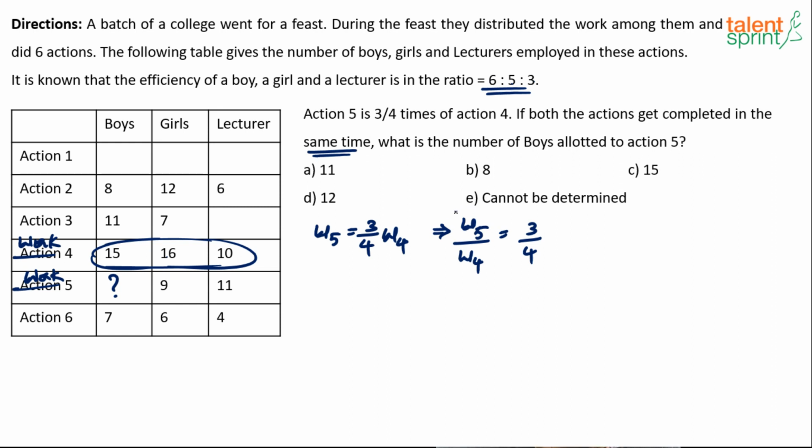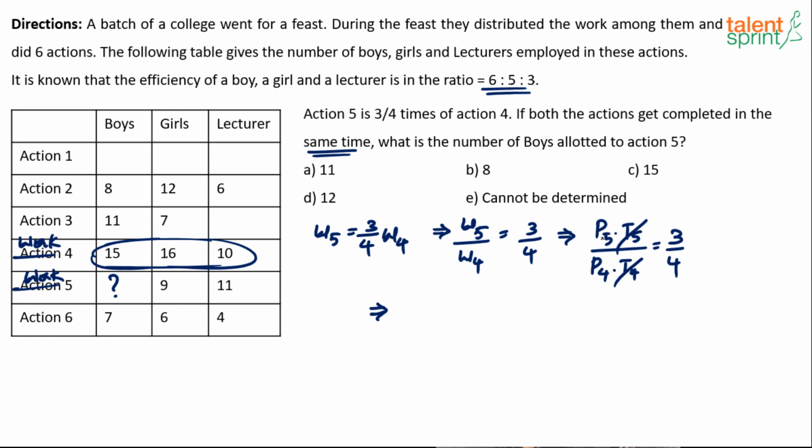Work is number of persons into number of days into number of hours, which is nothing but number of persons into time. So number of persons in group 5 into time taken for 5, divided by number of persons in group 4 into time taken for group 4, equals 3/4. But T5 is equal to T4, so both get cancelled. There's no difference here. Both the actions get completed at the same time, so forget about that. So persons involved in group 5 by persons involved in group 4 should be in the ratio 3/4, or basically the capacity should be in that ratio.